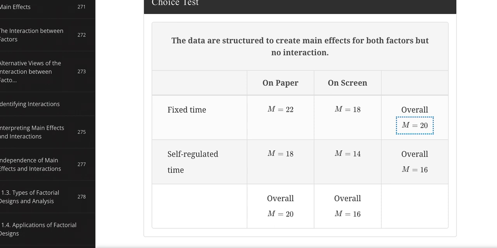And same thing down here: when they studied on paper, they scored on average 4 points higher than when they studied on screen, okay? So that's two separate main effects, main effect for factor A and main effect for factor B, right?